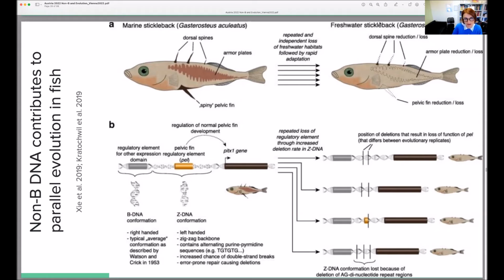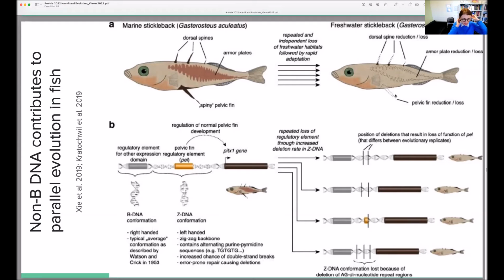Freshwater populations lack those spines and this fin because there is no need for them to fight against the waves. They don't use the spines and this spiny fin at all, so they can conserve the energy on producing these structures. But what is the molecular mechanism behind this?